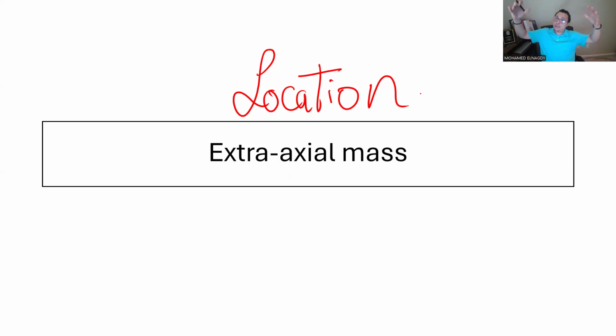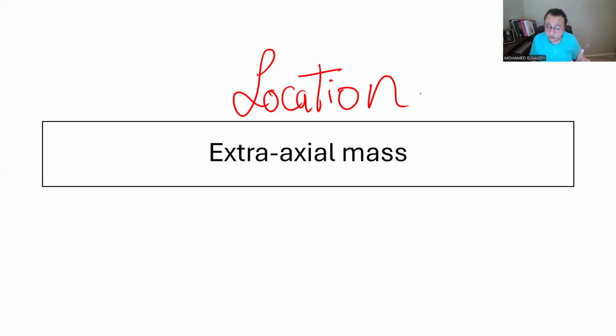Is it outside the brain, extraaxial, coming from the dura? Or is it an intraparenchymal brain lesion? And if it's intraparenchymal, where exactly is it located? Is it a midline lesion? Is it a cerebellar lesion? Is it a frontal lesion? Is it a huge lesion with multiple dense and hypodense areas and crossing the midline?